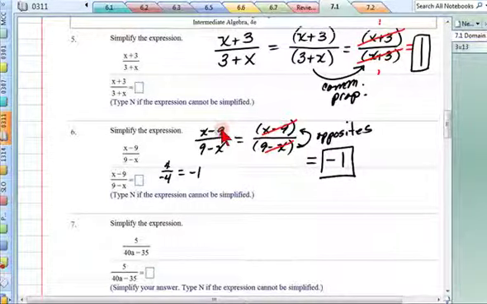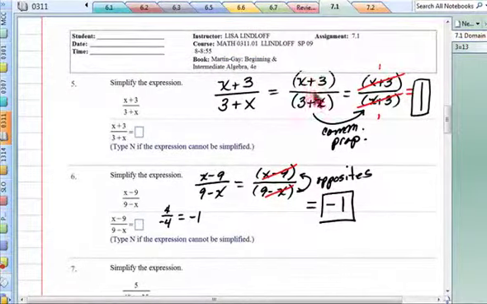The numerator had a 9 that was negative, the denominator had a 9 that was positive. They were opposites. All right? You're hoping to see either identical factors or opposite factors so that you can divide them out.